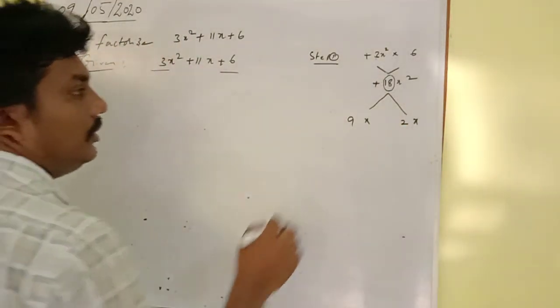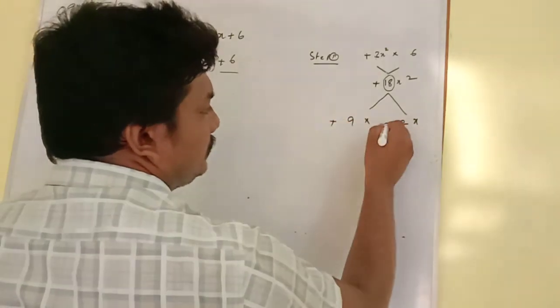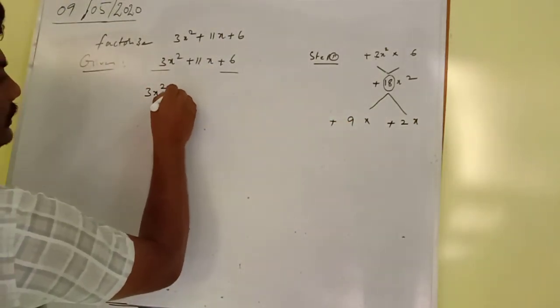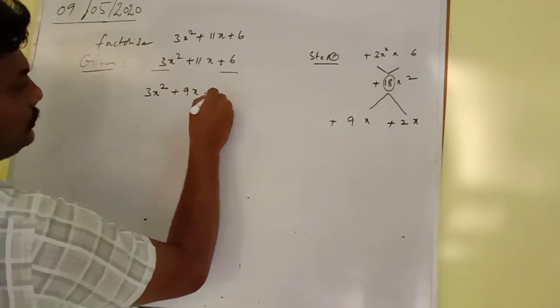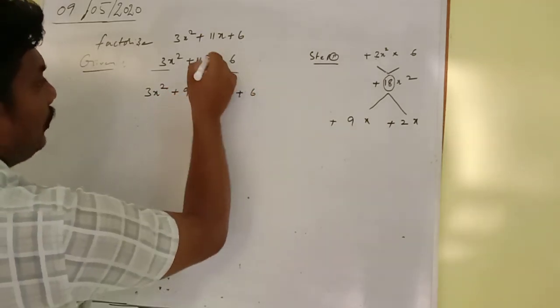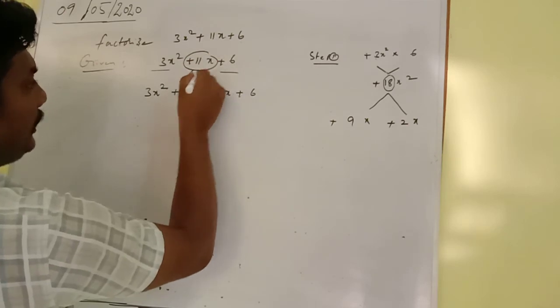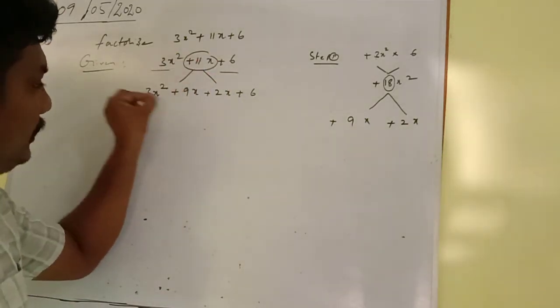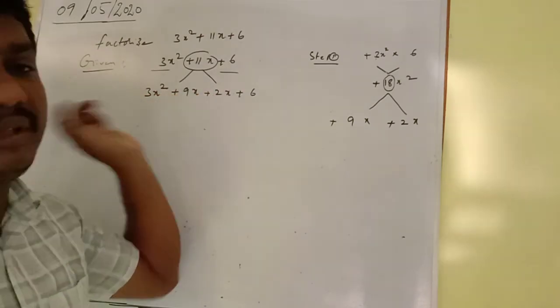So this is possible. Now we write 3x square plus 9x plus 2x plus 6. So 11x is split as 9x plus 2x.